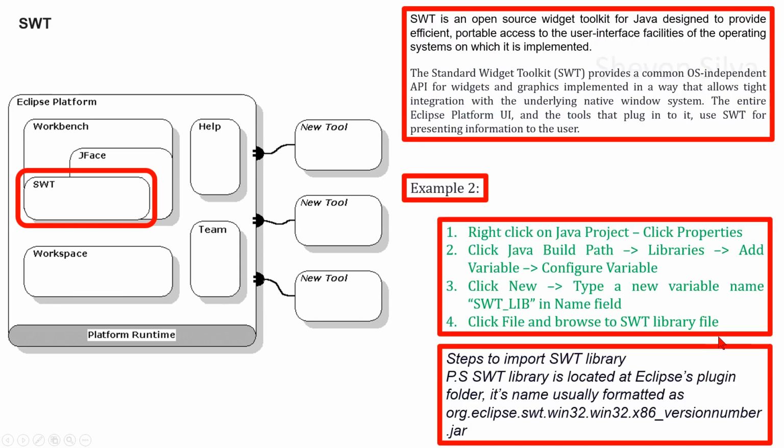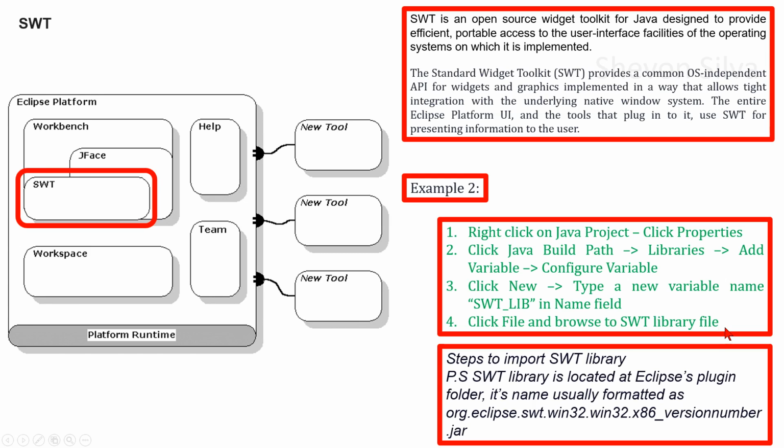As an example too, we can consider the steps to import the SWT library. Step 1: right click on the Java project, click properties. Step 2: click Java build path, then libraries, then add variable, then configure variable. Step 3: click new, then type a new variable name, SWT_lib, in the name field. Step 4: click file and browse to the SWT library file.